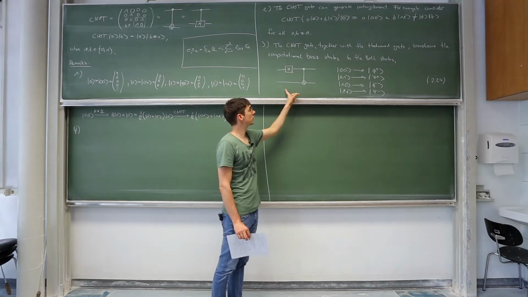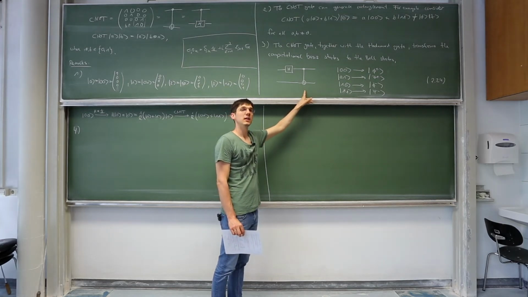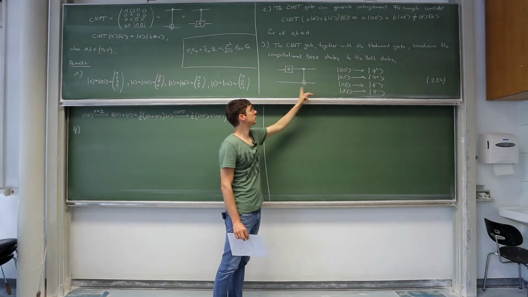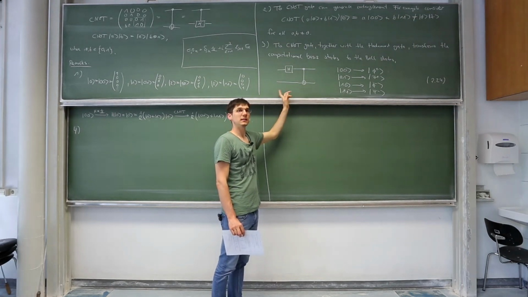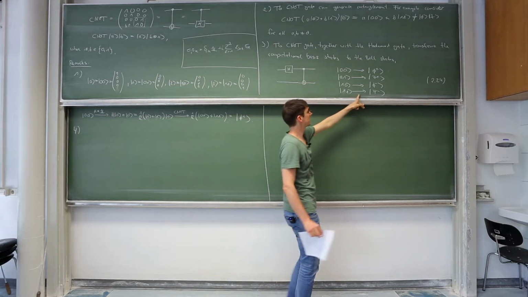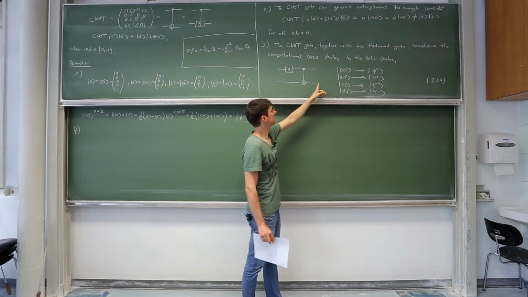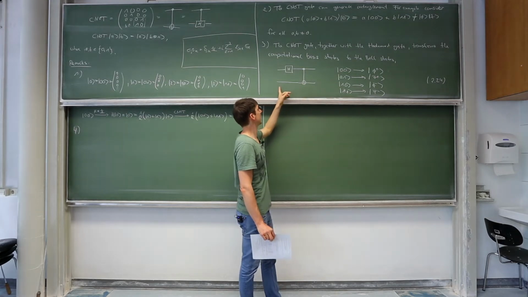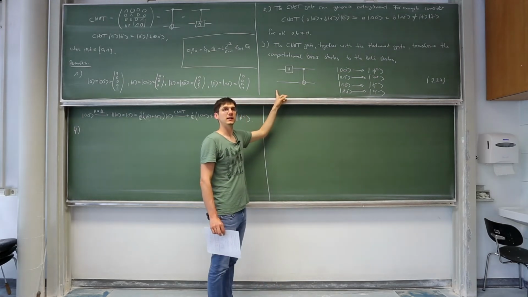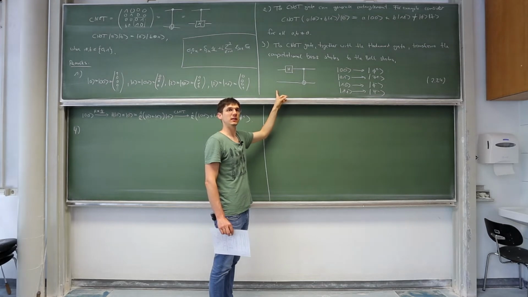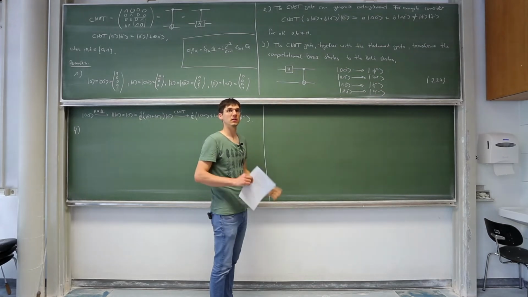This means that this circuit is self-inverse. And this also means that if I run the circuit from right to left instead, then I perform this transformation in the other direction, meaning that the Bell states can unambiguously be identified by a measurement in the computational basis.